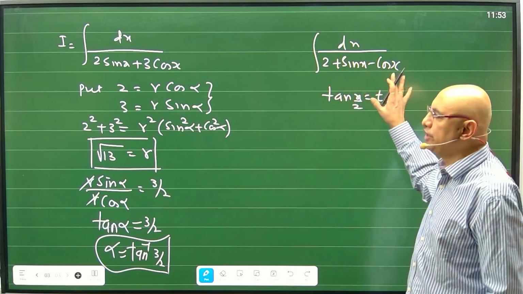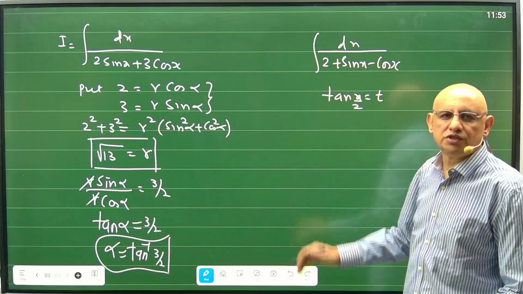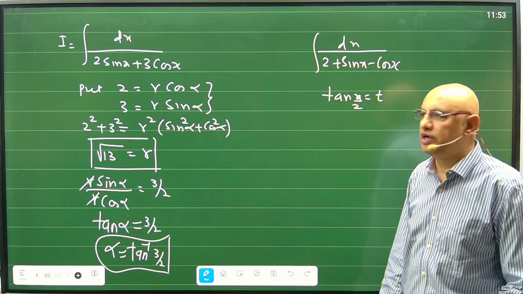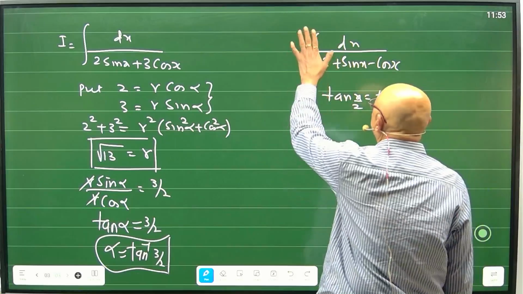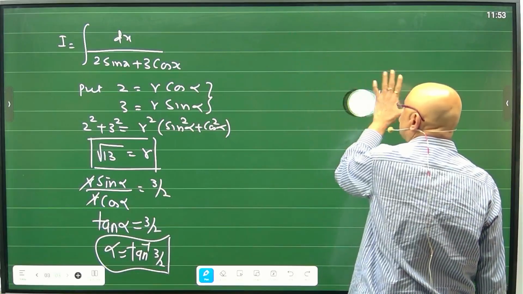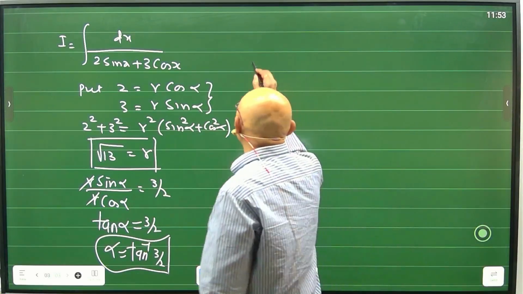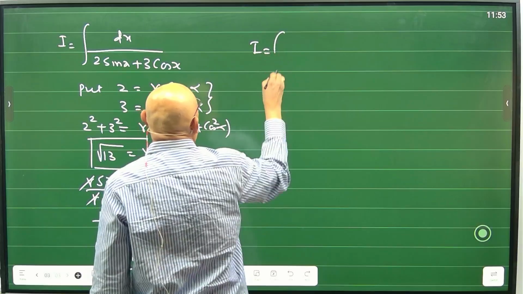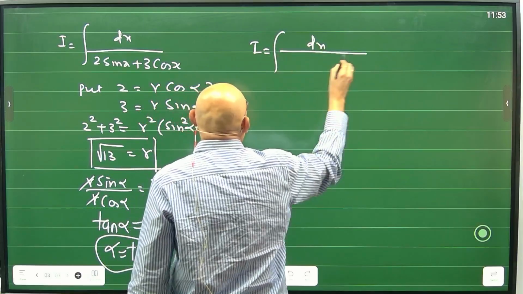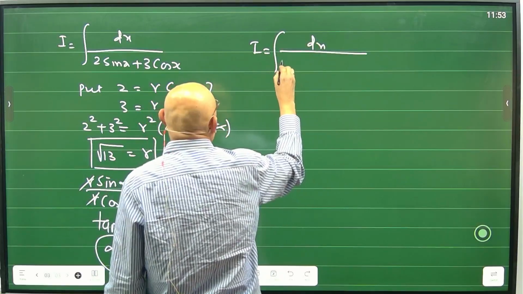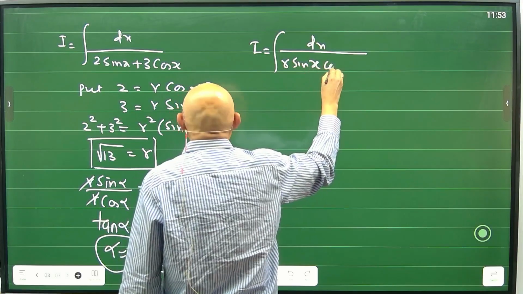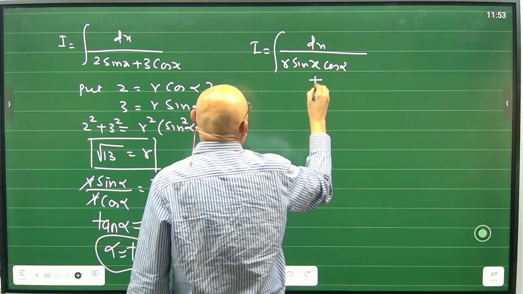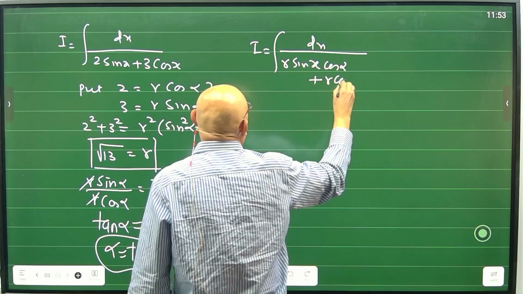So I would have to change x in all those things. Here we are not going to do anything. Therefore, let us substitute this and go back to the integral. I get dx divided by r sin x cos alpha plus r cos x sin alpha.